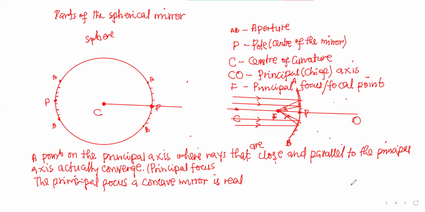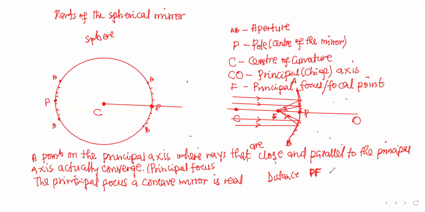Let's go back. So we've discussed the points: the pole, the principal focus, and the center of curvature. Now the distance between the pole and the principal focus, this distance PF. Please, all measurements are taken from the pole. So the pole of the mirror is our reference point in terms of measurement. So you can't say that the distance is FP, it is PF, because all measurements are taken from the pole.